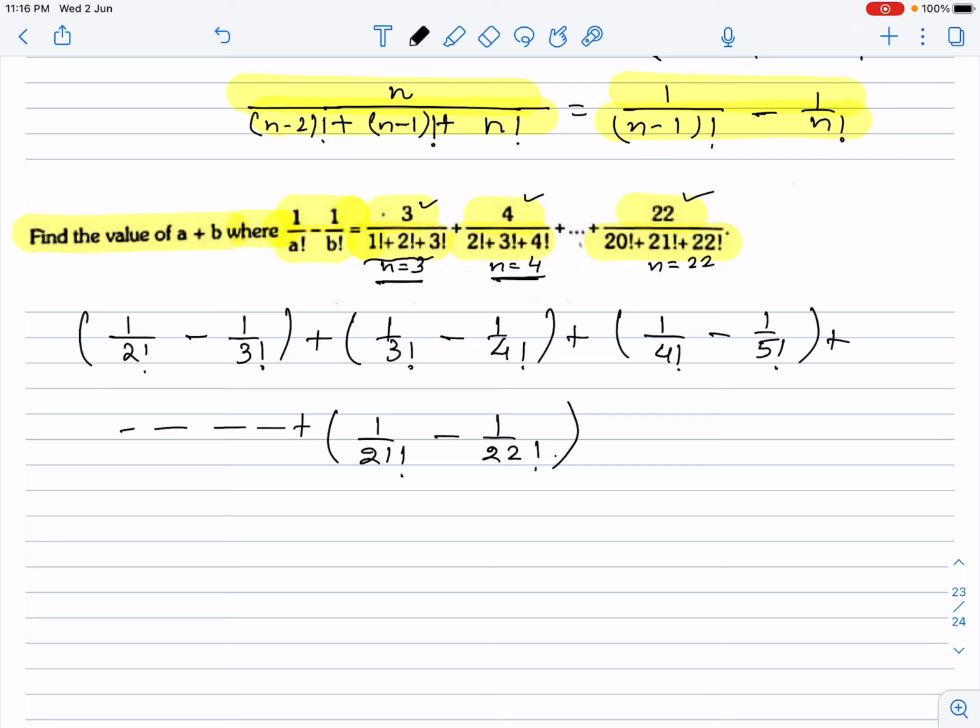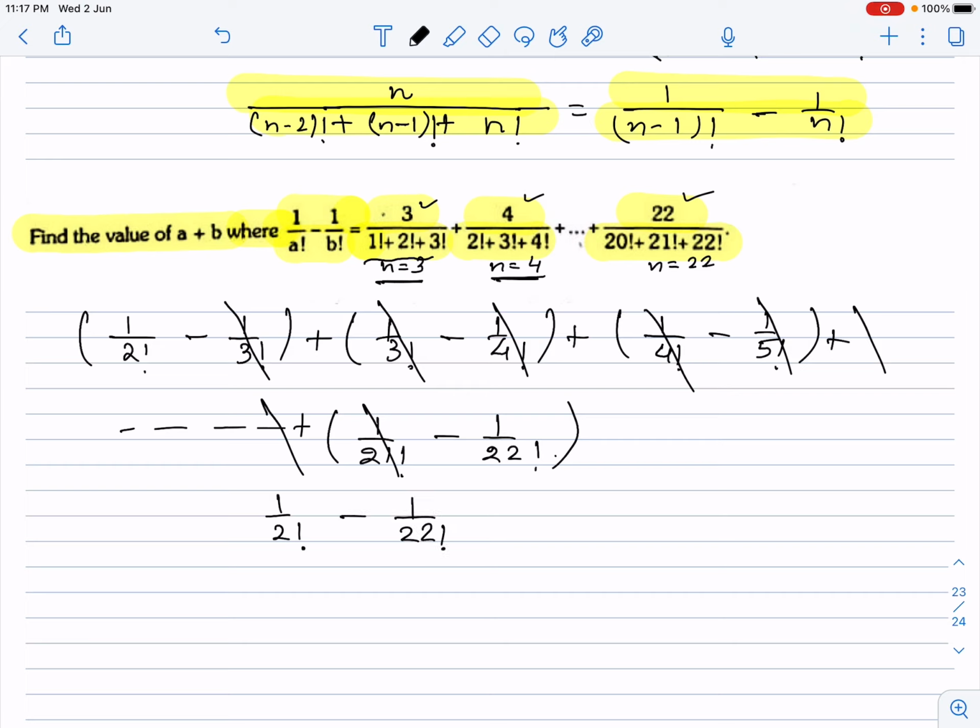Now let's see what all things are getting cancelled. So minus 1 by 3 factorial will be getting cancelled with plus 1 by 3 factorial, minus 1 by 4 factorial with plus 1 by 4 factorial, minus 1 by 5 factorial with plus 1 by 5 factorial. Similarly, minus 1 by 21 factorial with plus 1 by 21 factorial. So finally, we will be remaining up with 1 upon 2 factorial minus 1 upon 22 factorial.